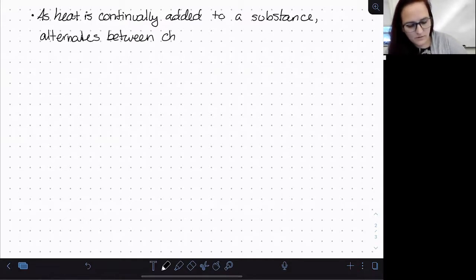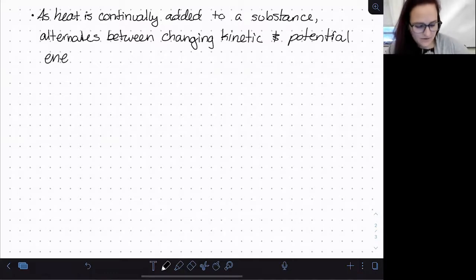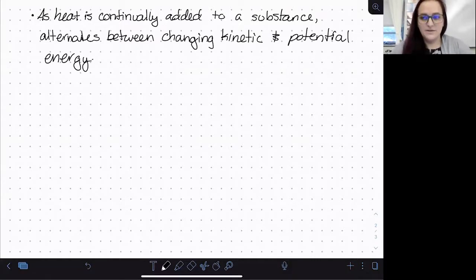Then once it is fully melted, the temperature begins to increase again in the liquid state until you hit the boiling point, and then it boils while the temperature stays constant. And then once it's all a gas, the temperature begins to increase again.